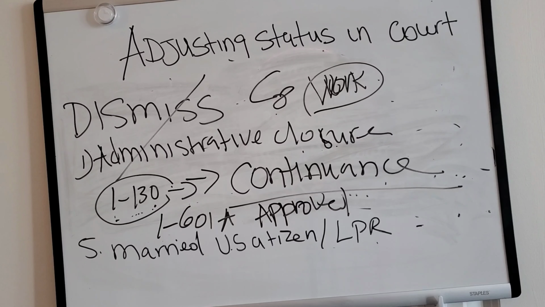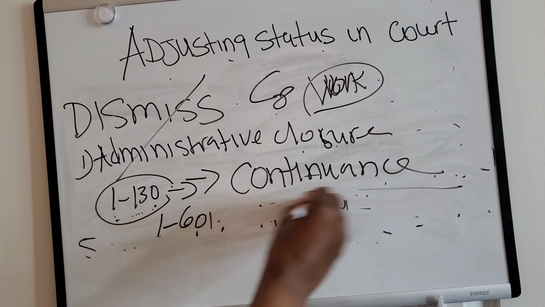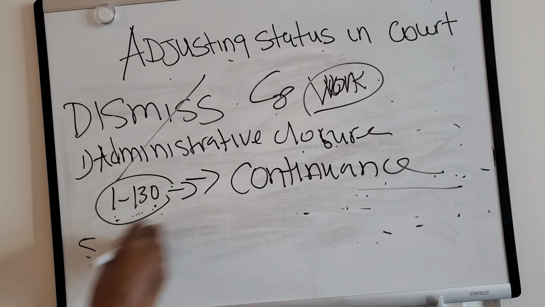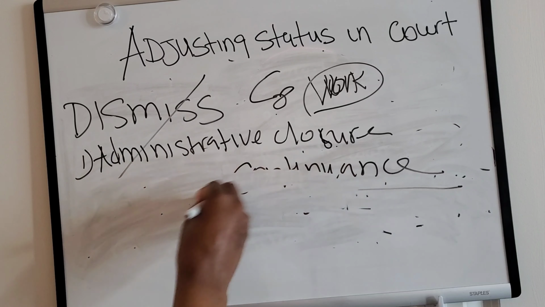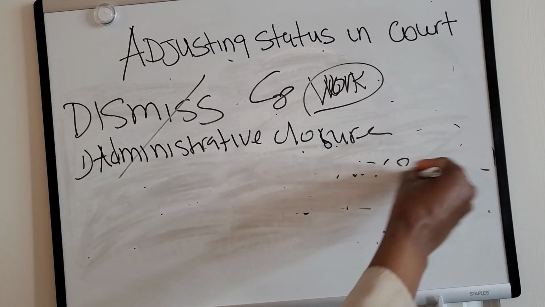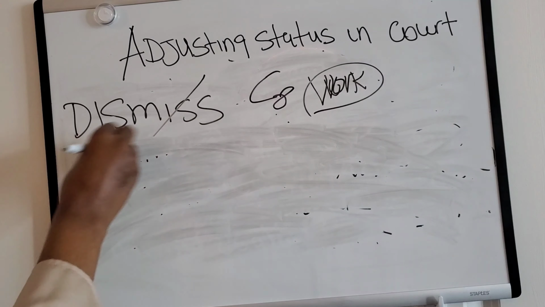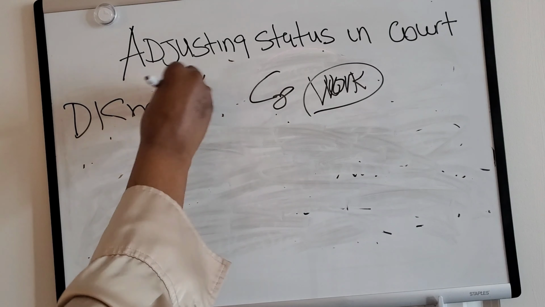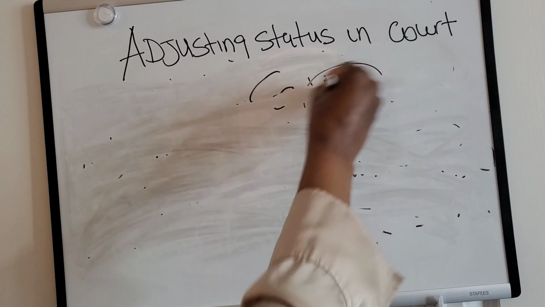What if you have 245(i)? If you have 245(i), that can waive unlawful presence. Remember, when you're already in court, it's clear that you have actually been here unlawfully, right? So then you marry a lawful permanent resident, it's not going to work either, because you have to have a waiver approved in order to go to consular processing.